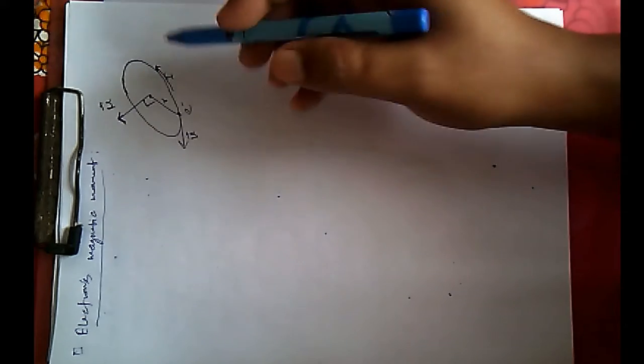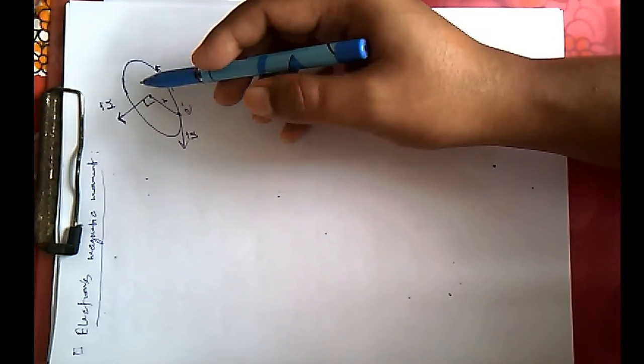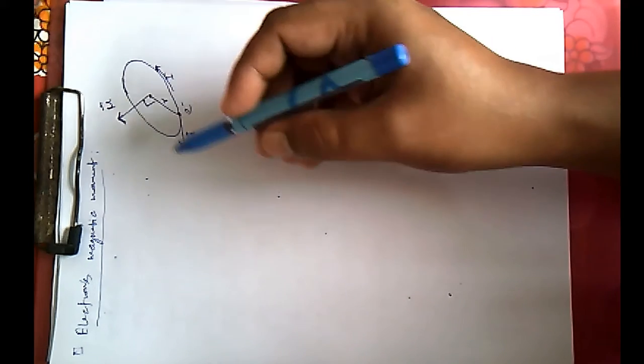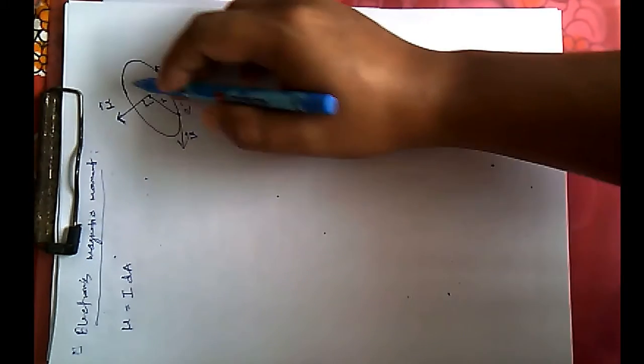So it is known to you that we define the magnetic moment for a charged particle in this way: mu equals I times A, where A is the cross-sectional area of this circular region.